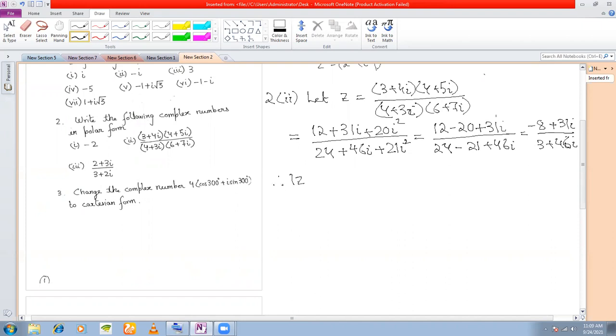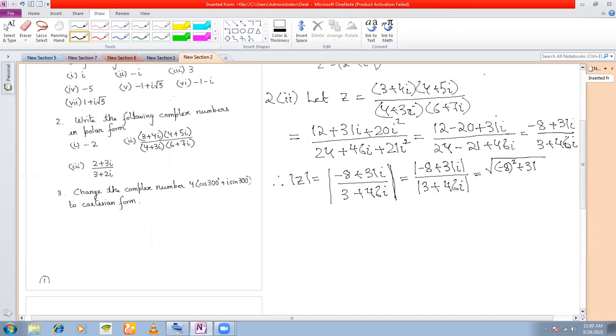Therefore, mod z is equal to mod of (-8 plus 31i) divided by (3 plus 46i). From the properties of mod, modulus of the entire complex number is equal to modulus of the numerator divided by modulus of the denominator, which is root over of (-8) square plus 31 square, divided by root over of 3 square plus 46 square.